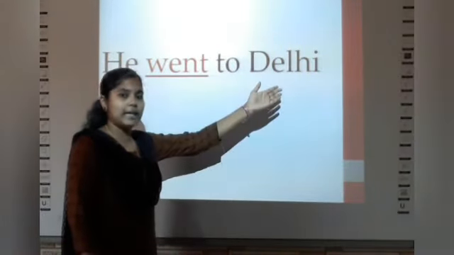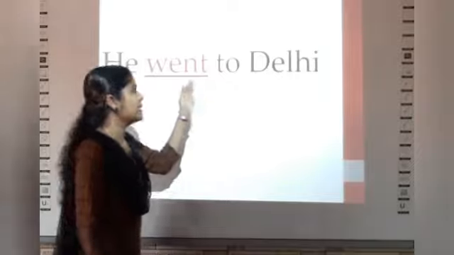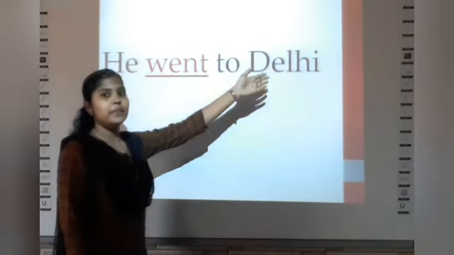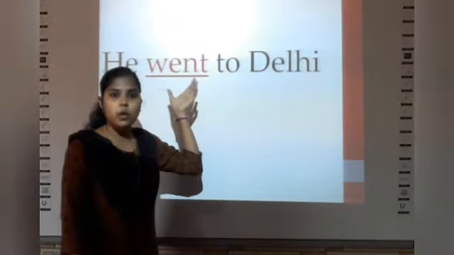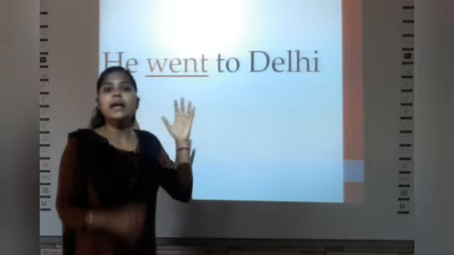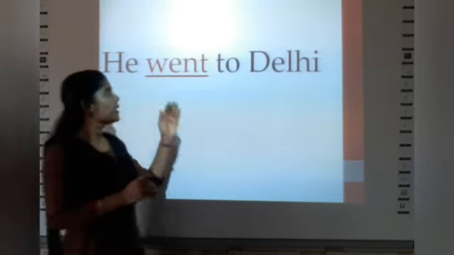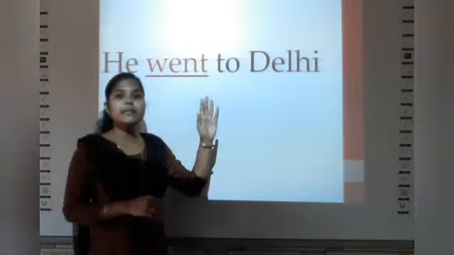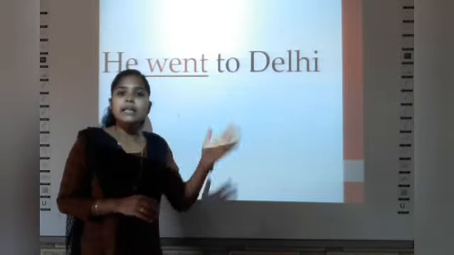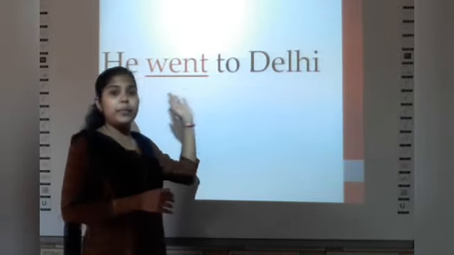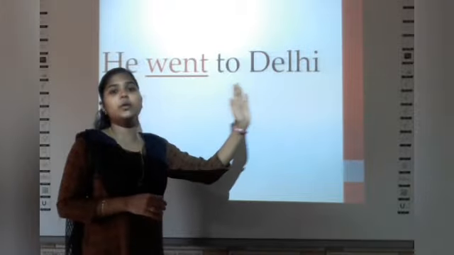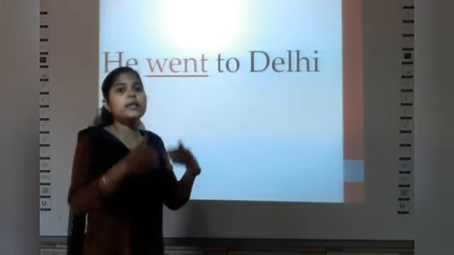If there is a sentence I go to Delhi or he goes to Delhi, that word go or goes indicates the present form. But here, went means the action has been done already. It was completed. He went to Delhi. Already he went to Delhi. He is not going to Delhi.